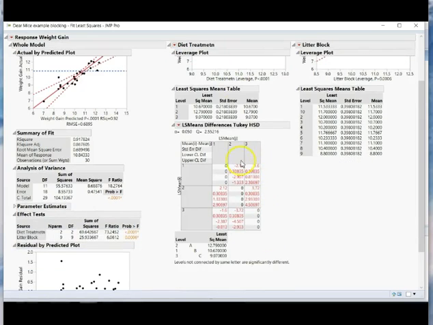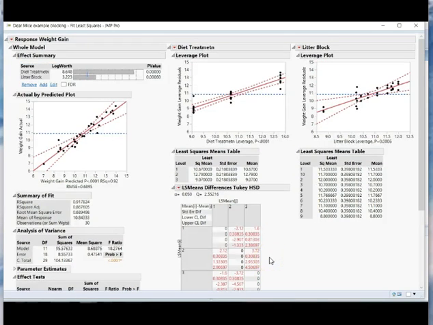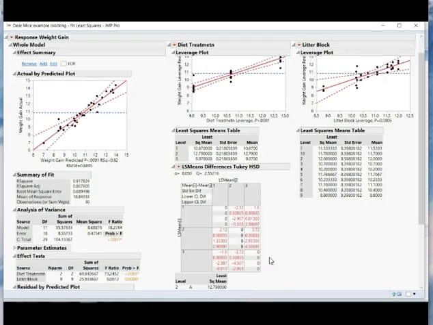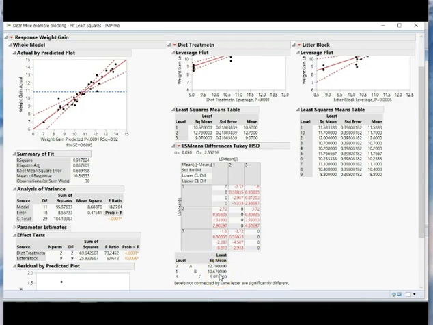And it gives us this nice matrix of the least square means differences. But again, it also gives us the nice connecting letters report, which is often a lot easier to interpret. So here we can see that none of these share the same letter. So they're all significantly different from each other. Right? So this is one of those extra pieces of information that we need to be able to interpret our results.